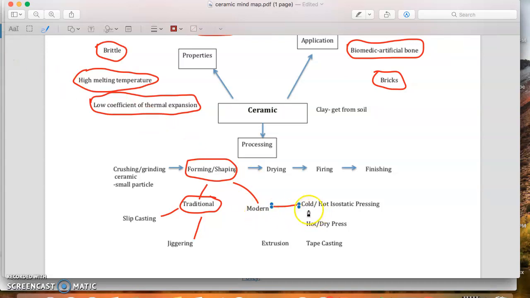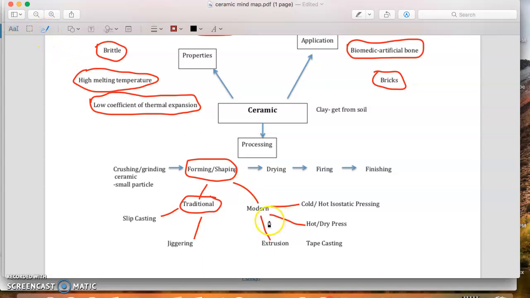So here we can either use a cold environment or a hot environment to conduct the isostatic pressing, or you can use hot or dry pressing, which means we press in two environments, either a dry environment or a hot environment, and you can apply the extrusion process, extrusion for the ceramic, or you can apply tape casting.